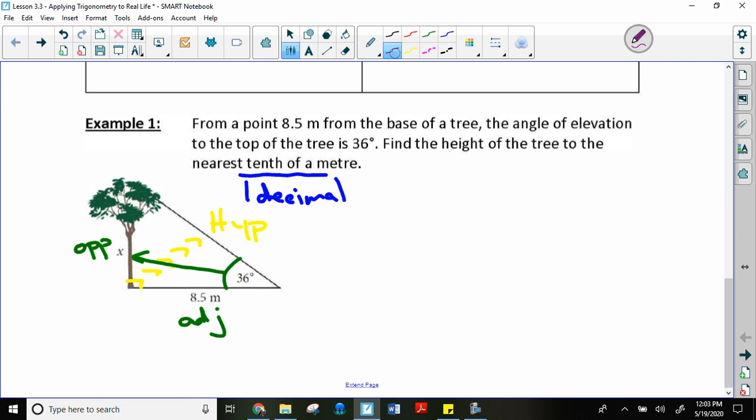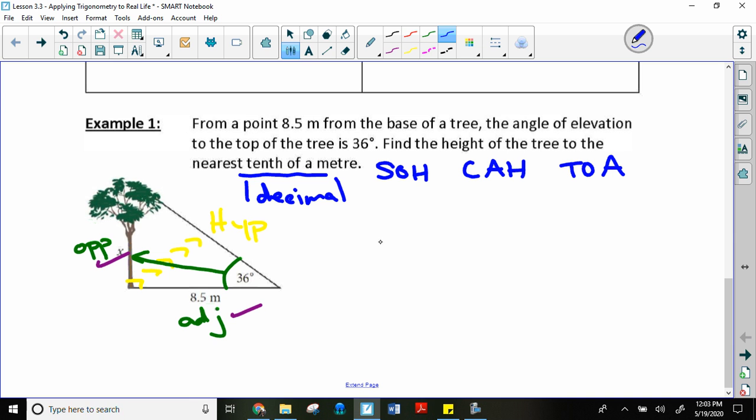Label all your sides, and then figure out, what am I going to use to solve this? Well, they gave us adjacent, and they're asking for opposite. So we have to use the relationship that has opposite and adjacent in it. So, that's tan, opposite and adjacent.